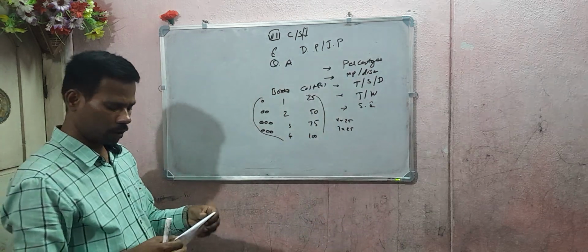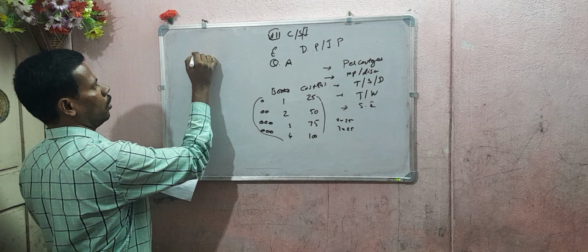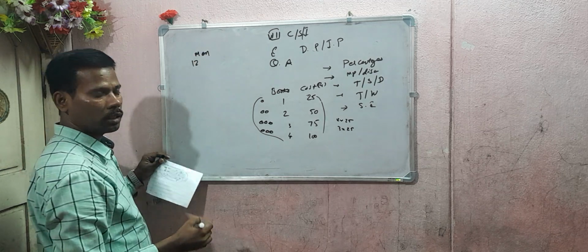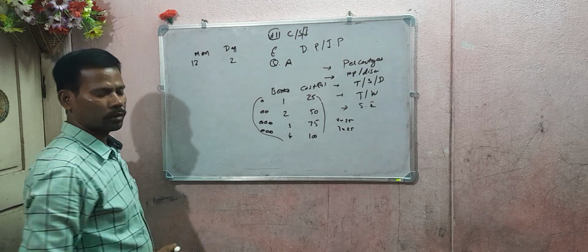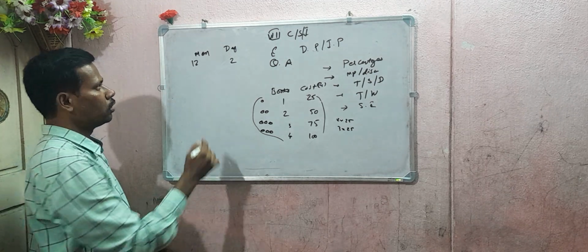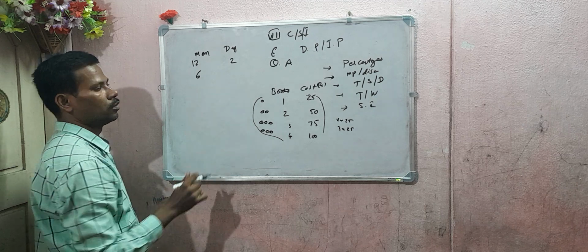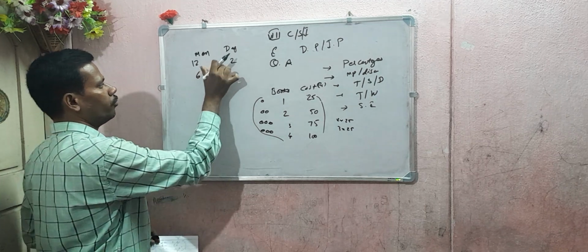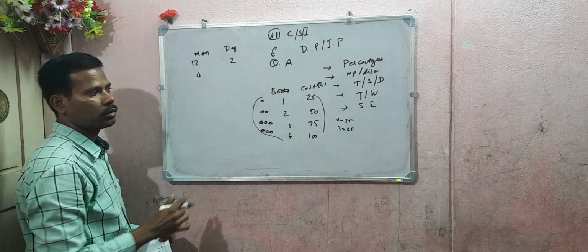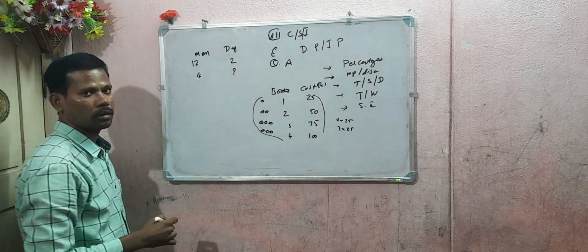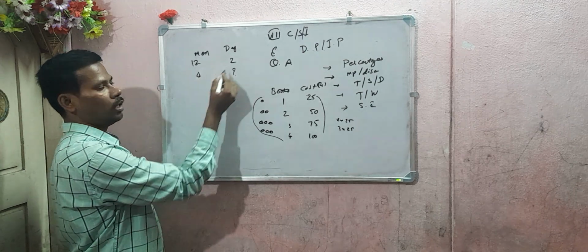What does inverse proportion mean? Suppose 12 men are there, they can complete the work in 2 days. Now if 6 men are there, or if 4 men are there, how many days? 12 men, 2 days. 4 men, how much?